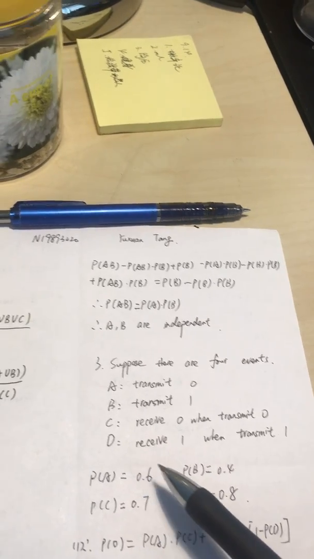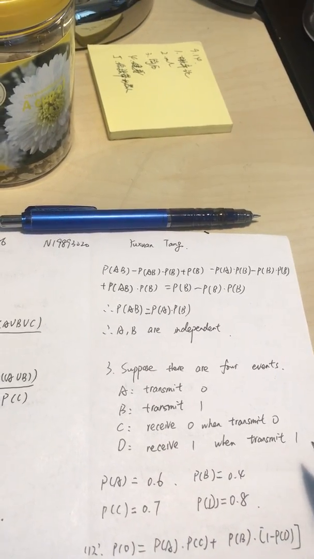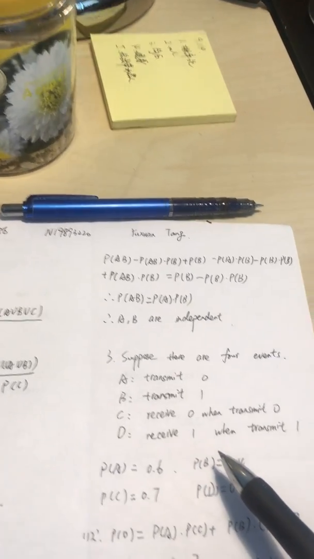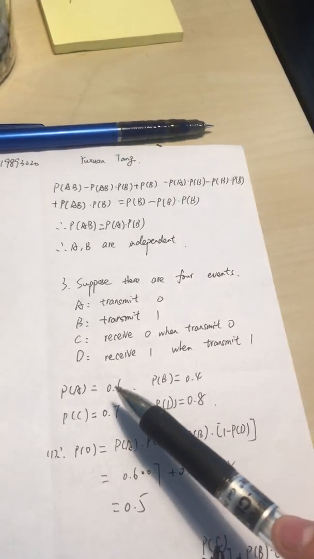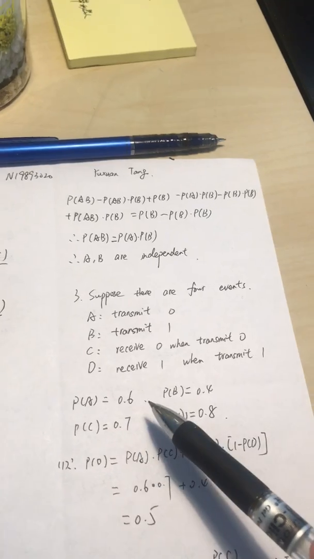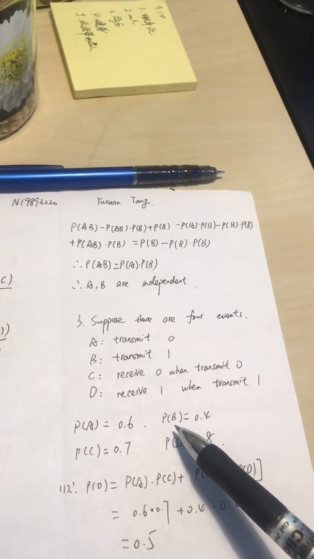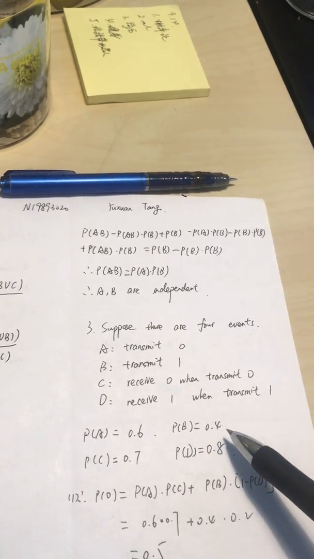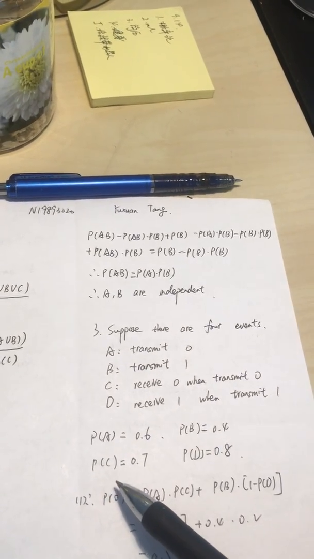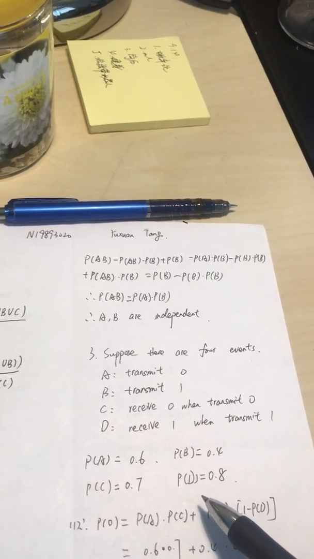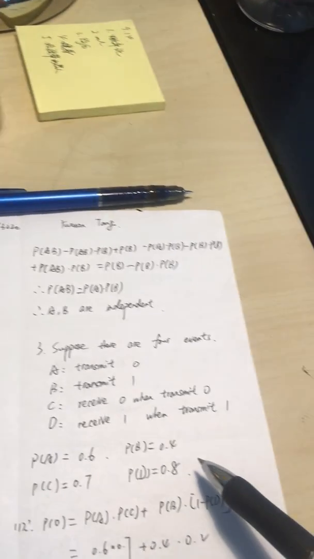The event D is the transmitter sends 1 and the receiver receives 1. The probability of A event is 0.6, probability of B event is 0.4, probability of C event is 0.7, and probability of event D is 0.8.